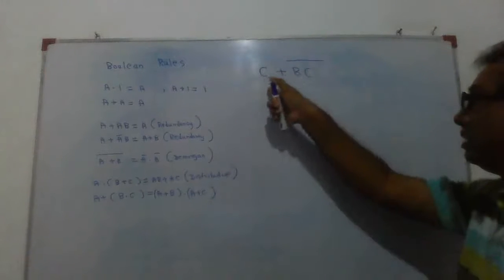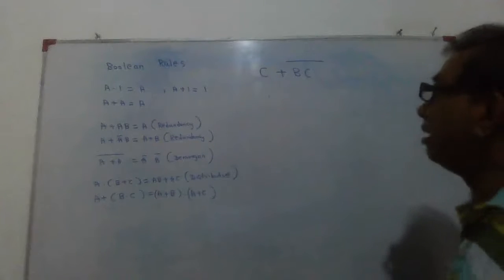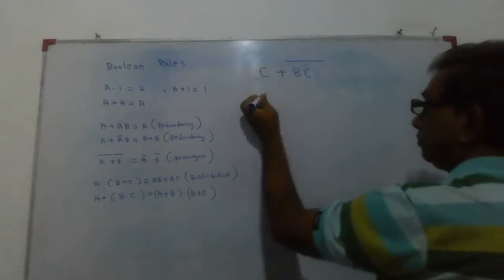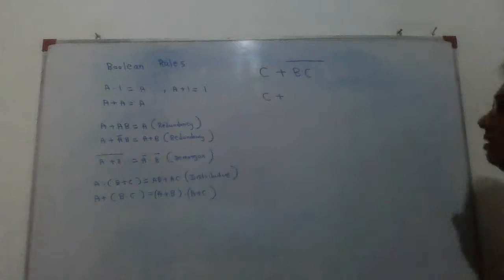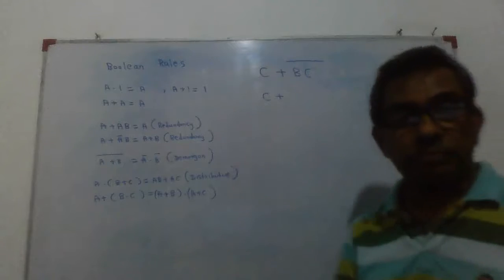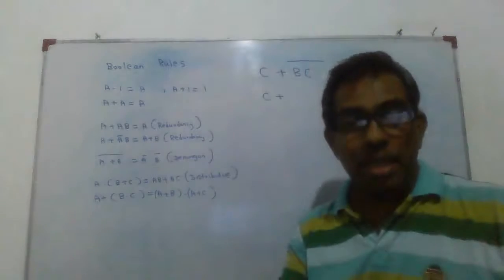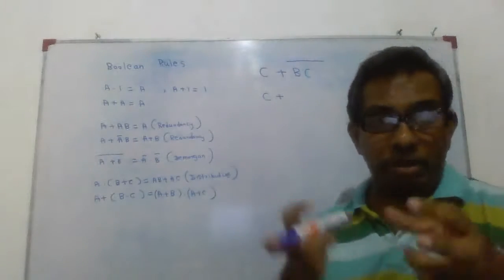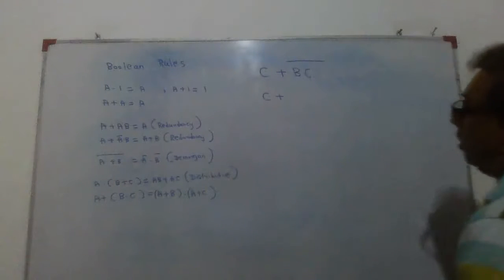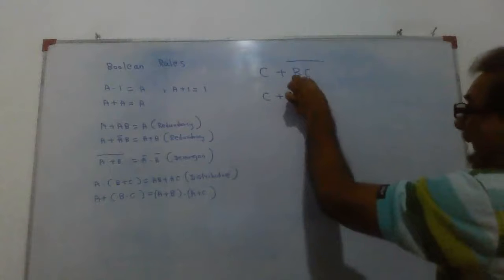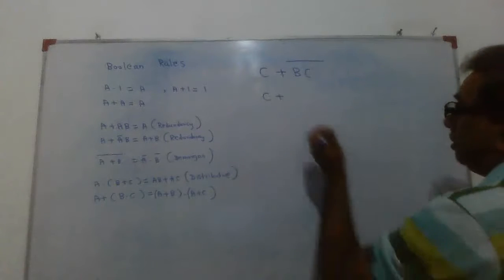We have C or (B and C bar), so we write C here, or. The rule is very clear: break the bar and change the operator. Now you have to change the operator, and here the operator is AND.